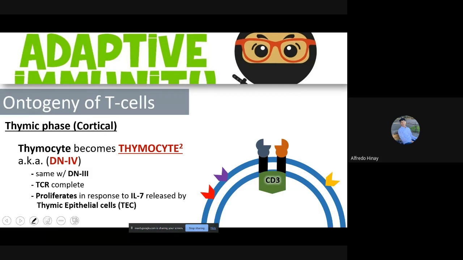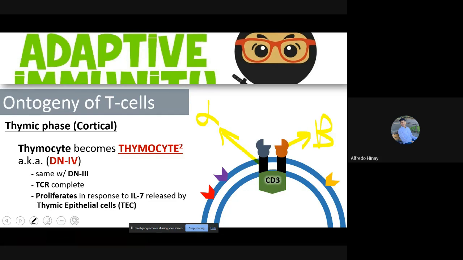Late kasi si beta. Ito alpha to siya. Okay? Then, proliferates in response to interleukin-7 released by your thymic epithelial cells or TEC. Yan. So, sariling sikap, class. Ang mga thymic epithelial cells mag-release ng interleukin-7, tapos pwede na nila dawaton, tapos mag-proliferate na sila.